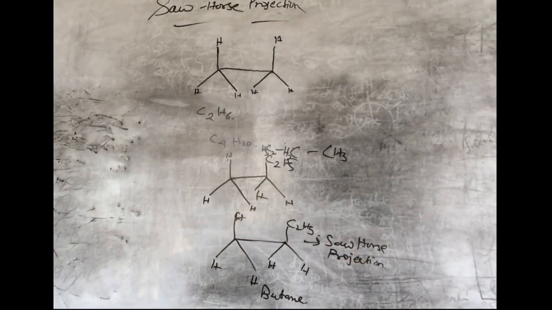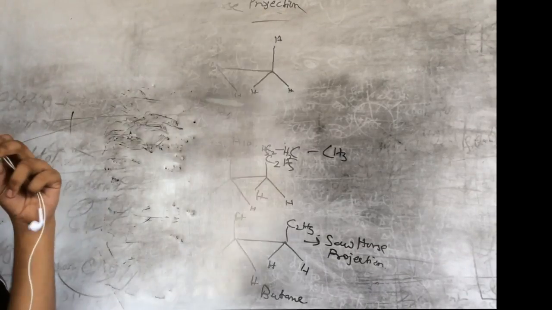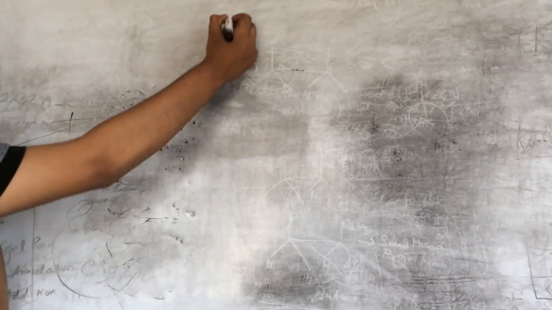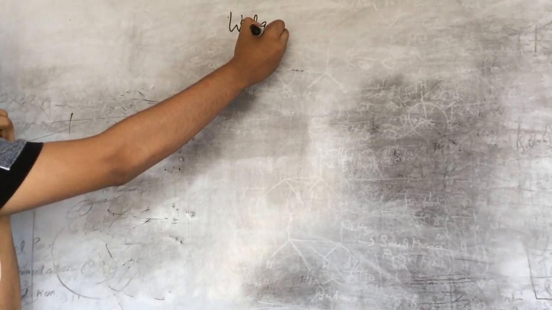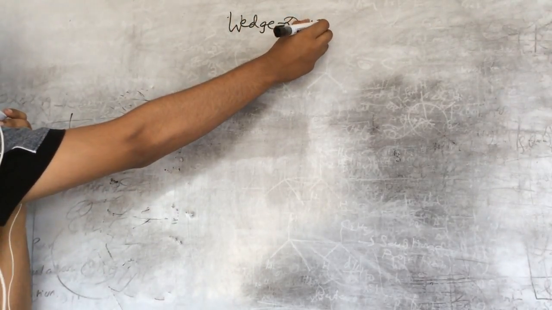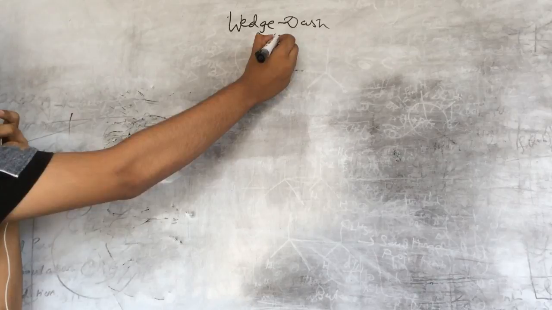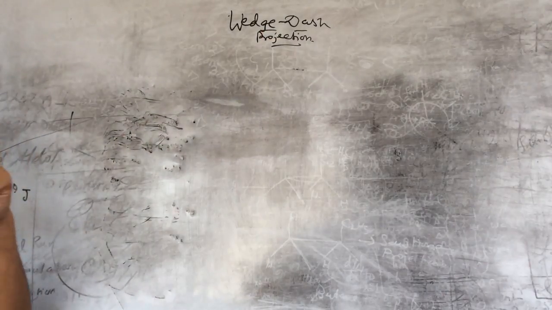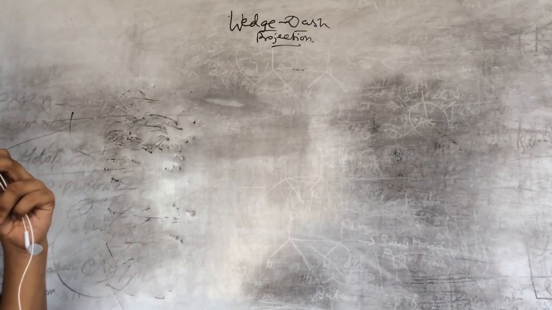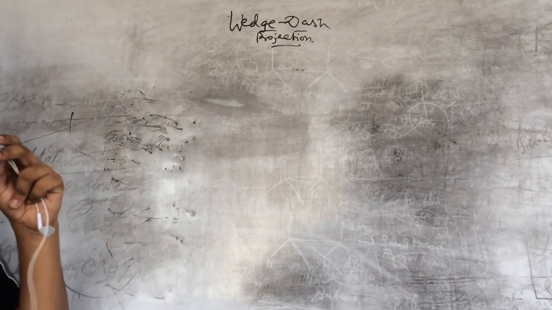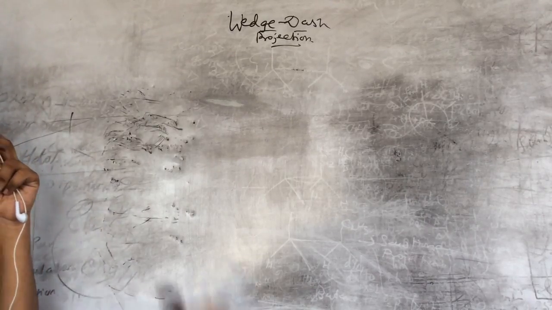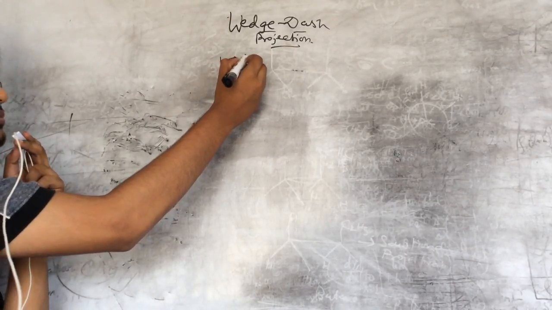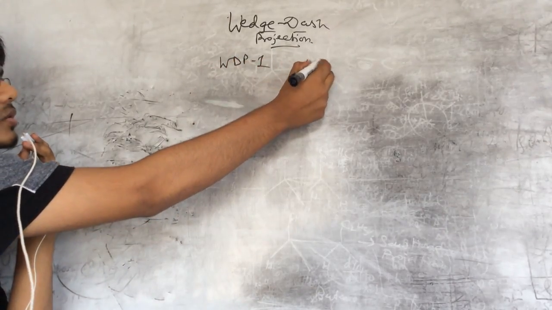And guys, now let's move on to the wedge dash projection. Now let's start wedge dash projection. Wedge dash projections are of two types, WDP1, that is wedge dash projection 1, and wedge dash projection 2.